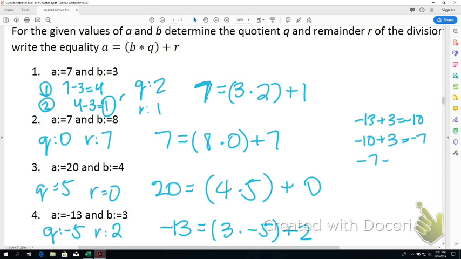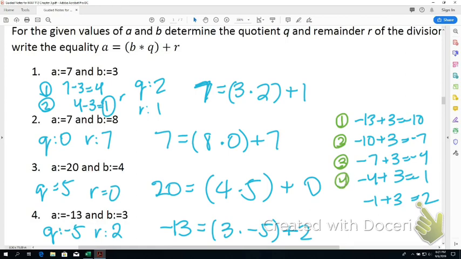Negative 7 plus 3 is negative 4. Negative 4 plus 3 is negative 1. Negative 1 plus 3 is 2. So how many times did I do this? 1, 2, 3, 4, 5. That's why the quotient is 5, but it's negative because A is negative, and what's left is my 2.